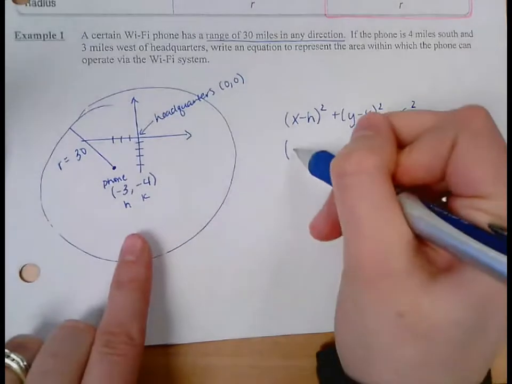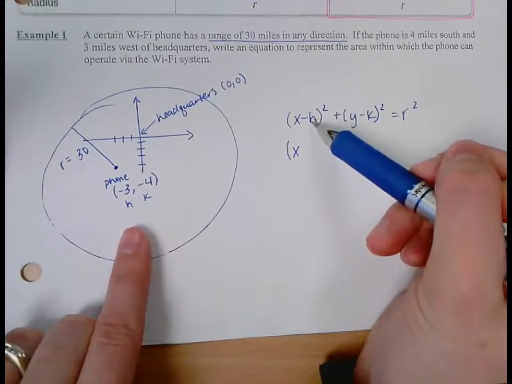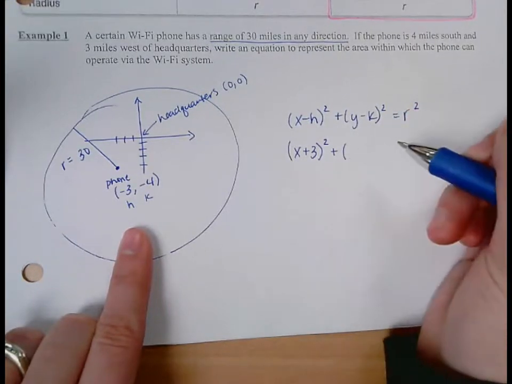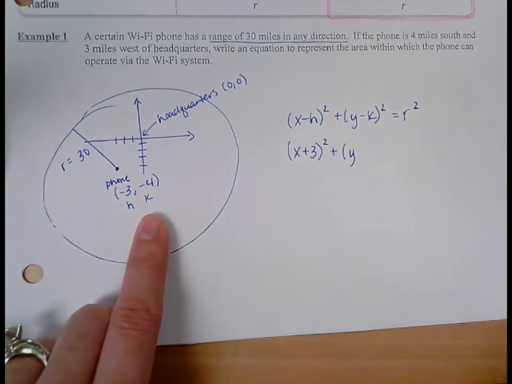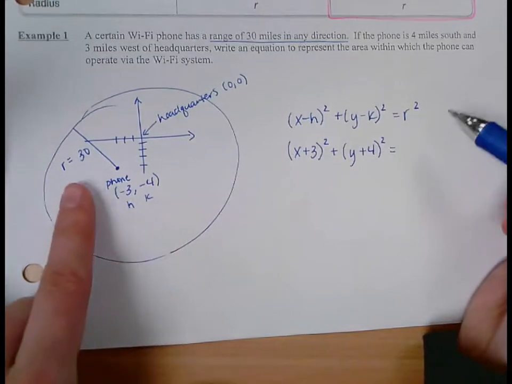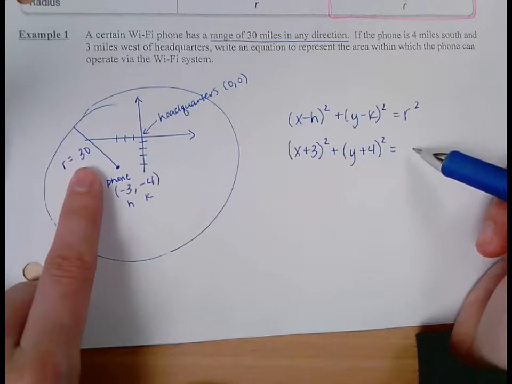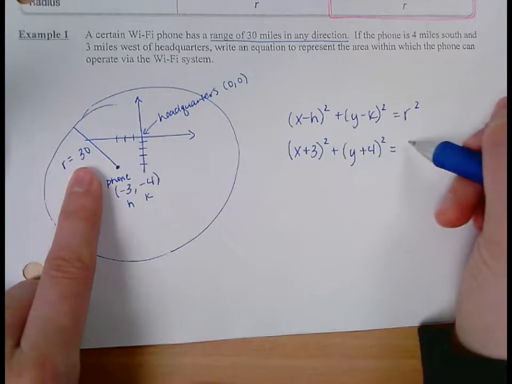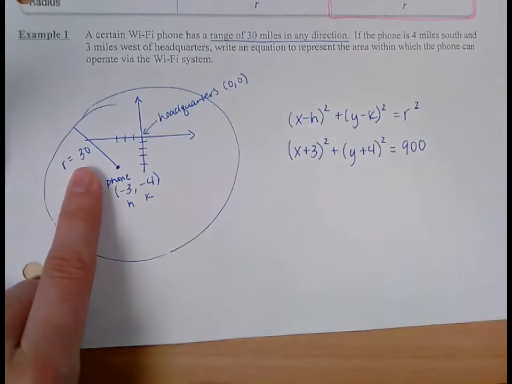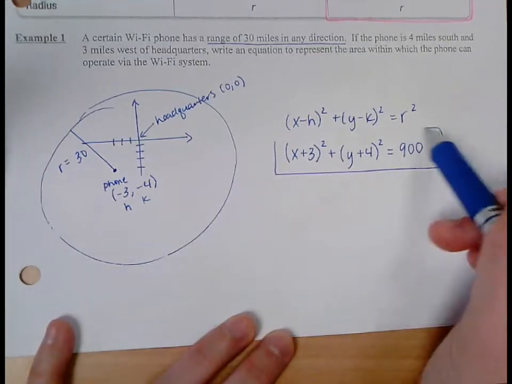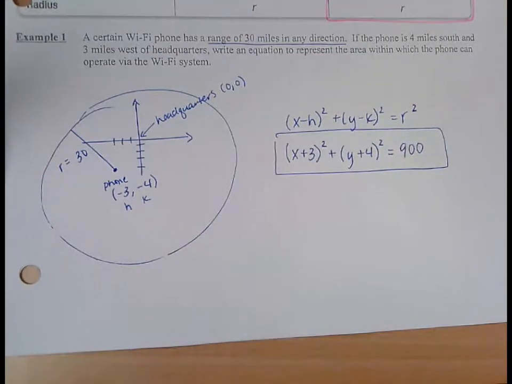So I would have x minus -3, or x plus 3, squared, plus the quantity y minus -4, which would be y plus 4, squared, equals the radius squared, which would be 30 squared. 30 squared is 900. So this would be the equation of the circle within which the phone could operate via that Wi-Fi system.